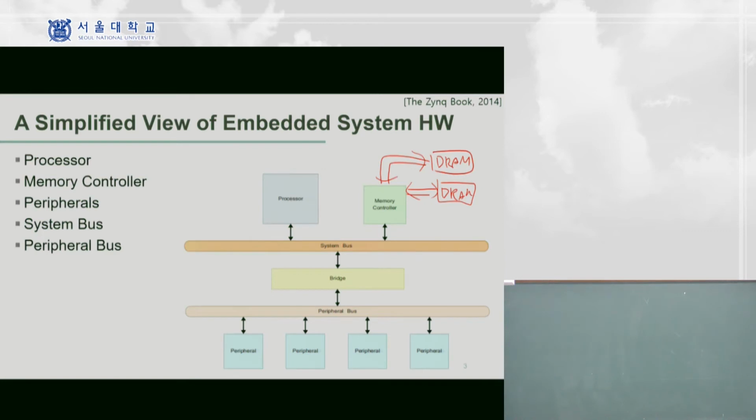And peripherals. Peripherals include the SD card, Ethernet, or even CLBs, configurable logic blocks, and DRAM. All these things are peripherals. And there are two buses being used. The first one is the system bus, which primarily connects the CPU and memory. As a result, this one is very high speed. This is a high speed bus.